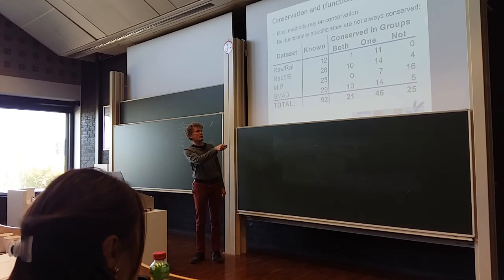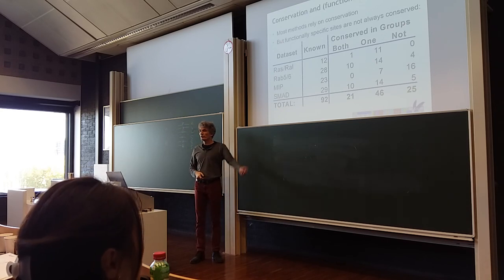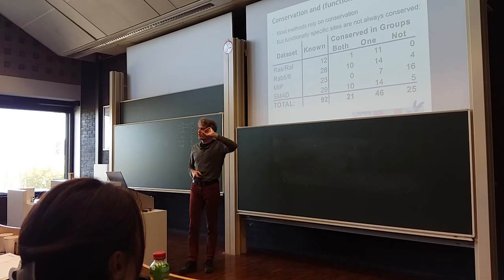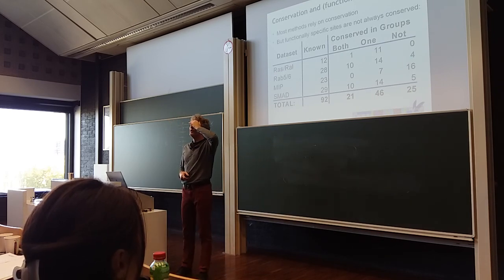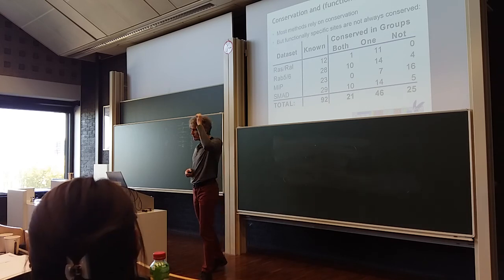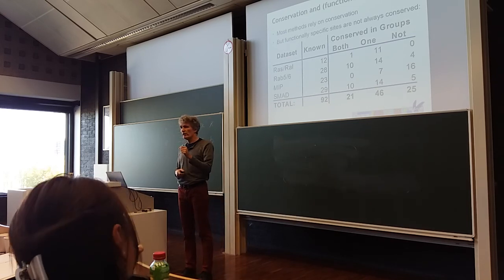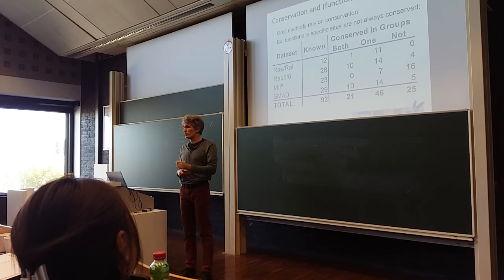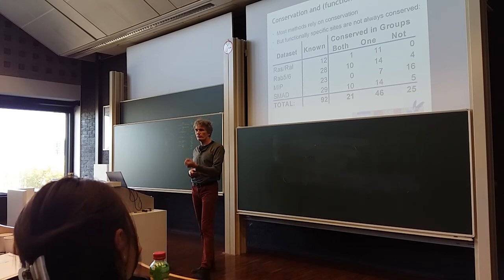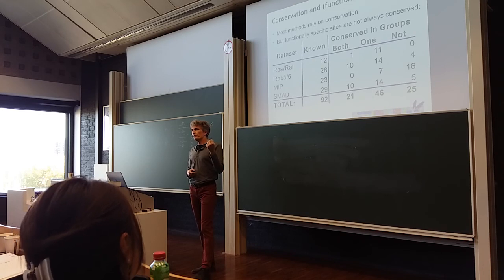You're not finding the others, and they're still important. And while conservation is very important, because if a position is conserved, you know it was important for something, otherwise it would have changed. Yes, that's where positive selection comes from.